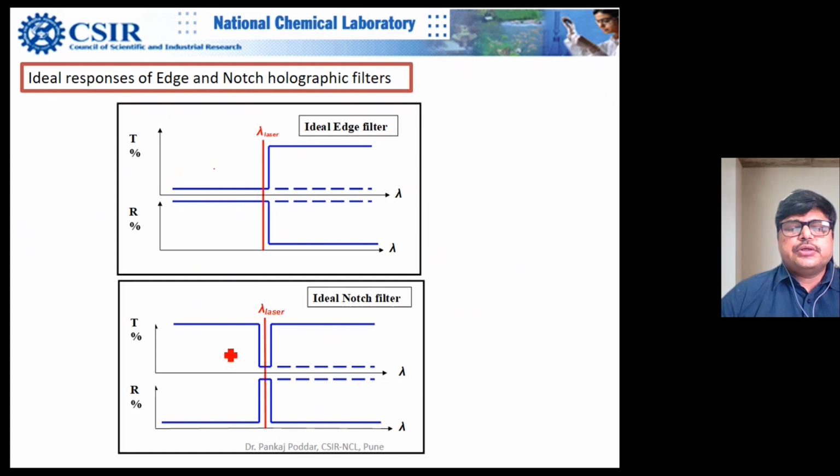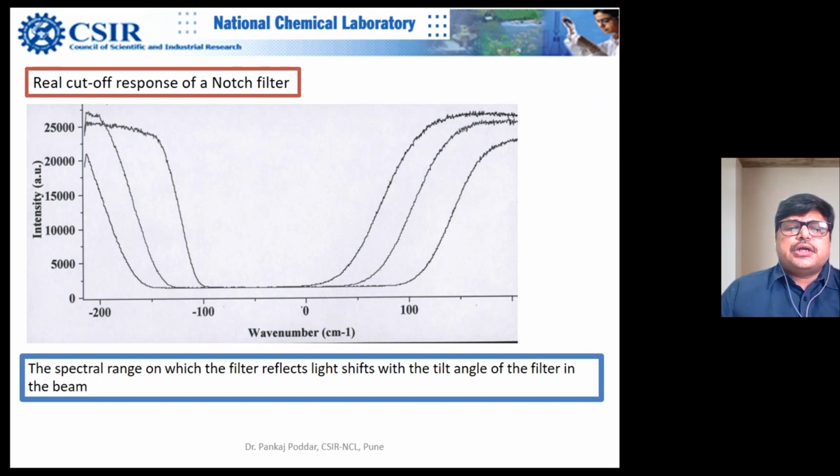So if you want to record anti-Stokes and Stokes both, then you can use a notch filter. A notch filter blocks only the Rayleigh line, and it allows anti-Stokes and Stokes both. But it has a larger bandwidth.